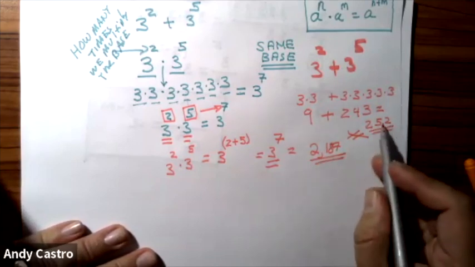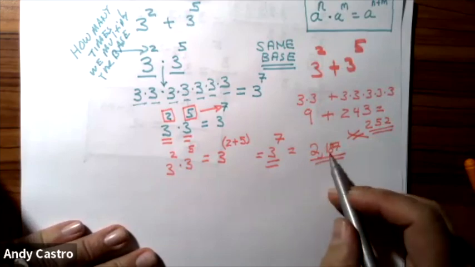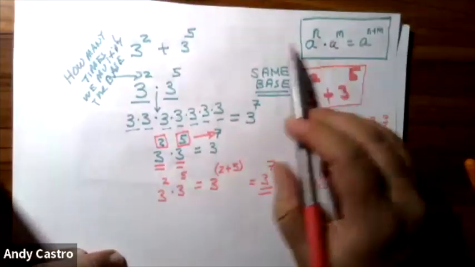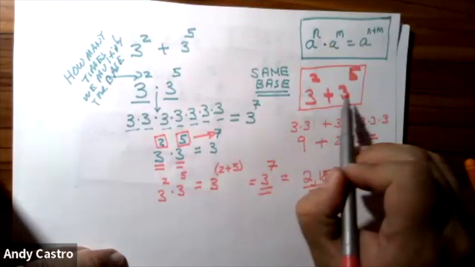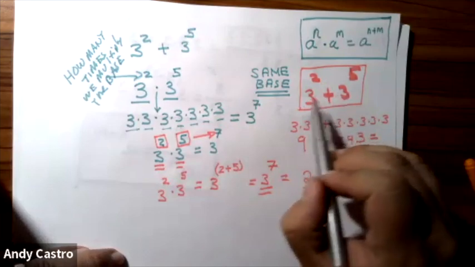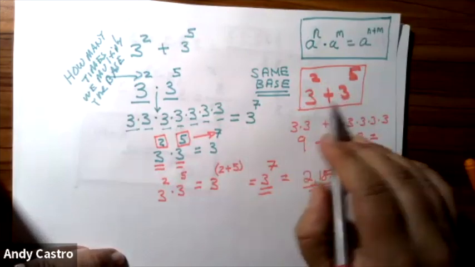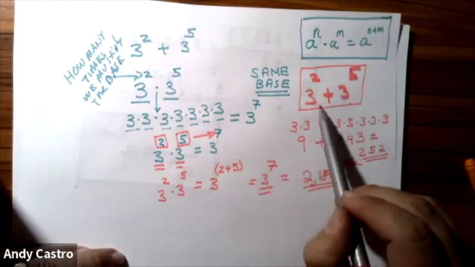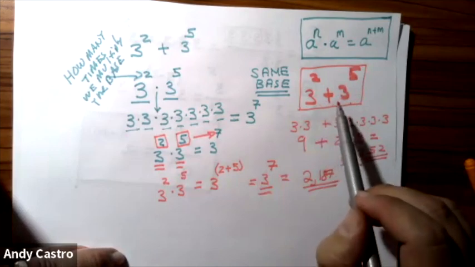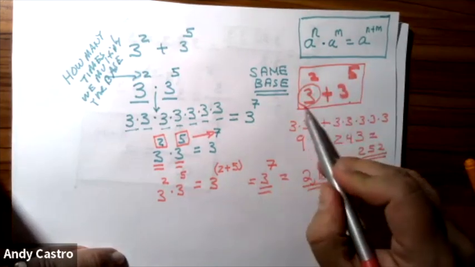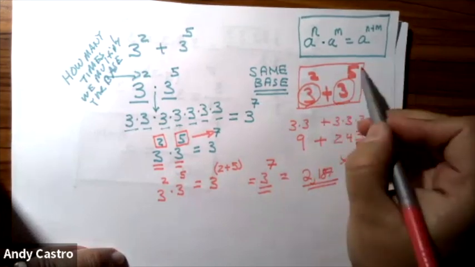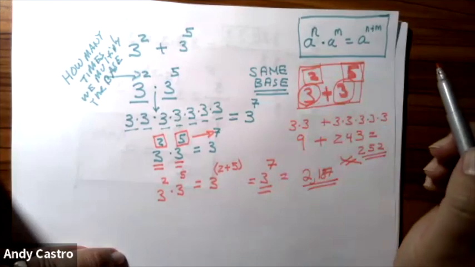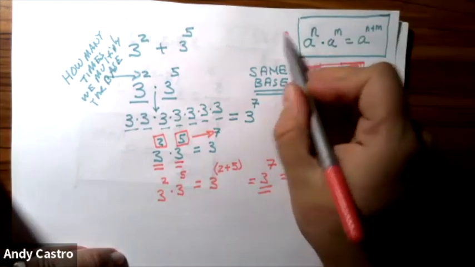In other words, this is in the hundreds and this is in the thousands. So these rules that we're looking at are only going to deal with factors. They're not going to deal with terms. When you're dealing with terms, we will not be able to combine. And we should know that because these are not like terms, right? They have the same base, but they don't have the same exponent.